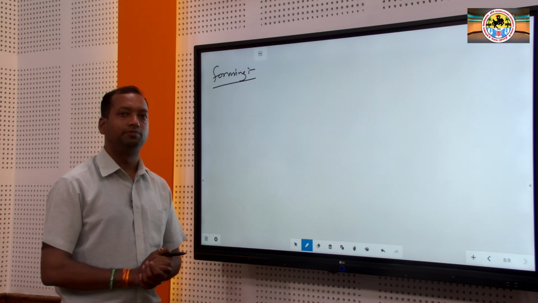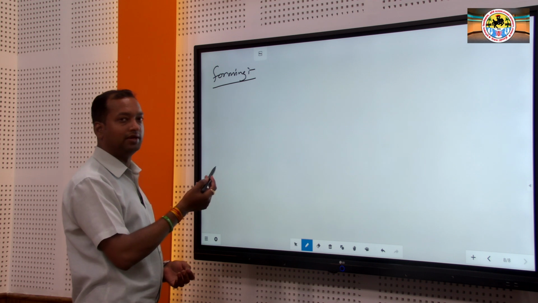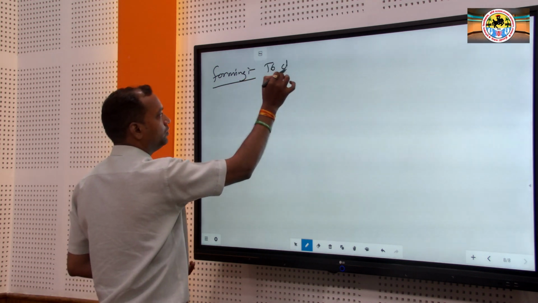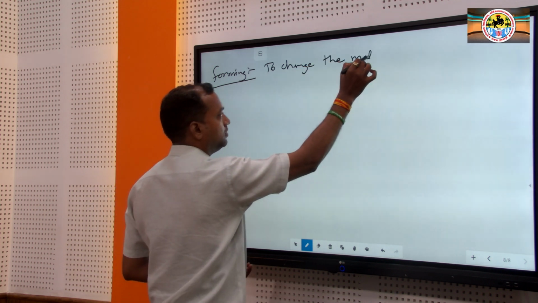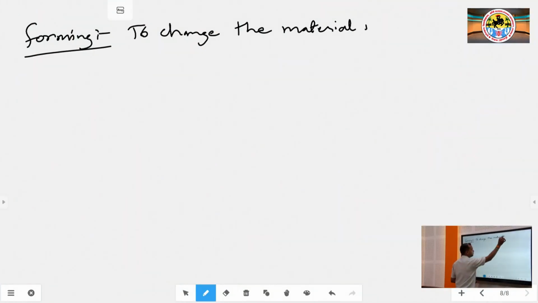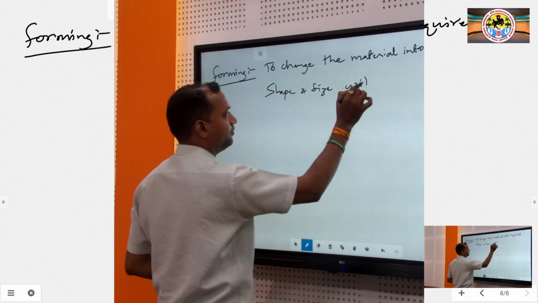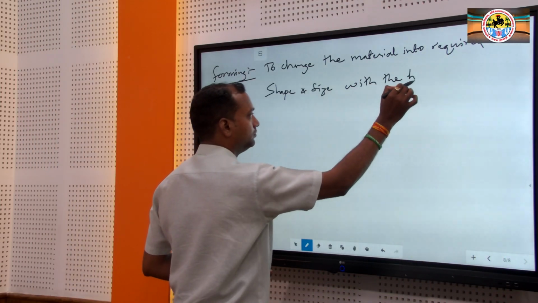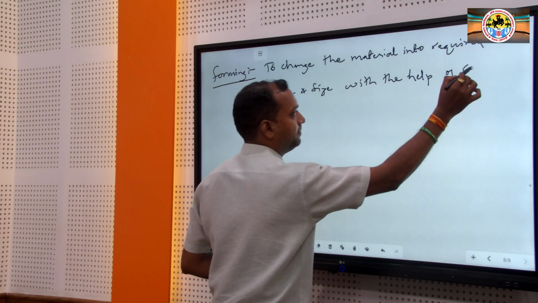So, it is also known as bulk deformation processes. The definition of forming is to change the material into the required shape and size with the help of certain processes.